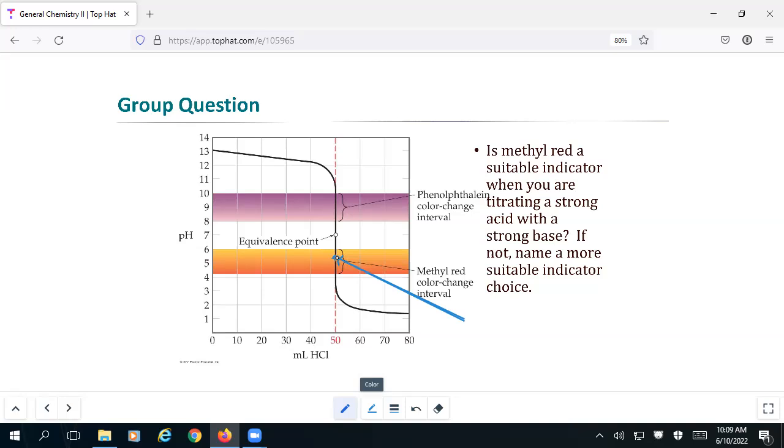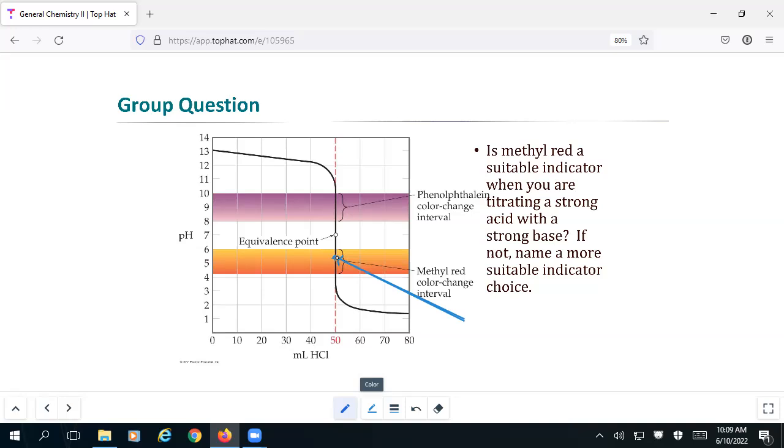So from that perspective, if we're doing just a normal titration, trying to find the concentration of this base using this acid, or vice versa for that matter, this would be an okay choice. And the reason it would be an okay choice is because while it isn't perfectly in the zone, quantitatively, we're talking about a very minimal difference in the actual amount of base or acid being added to get to this spot.